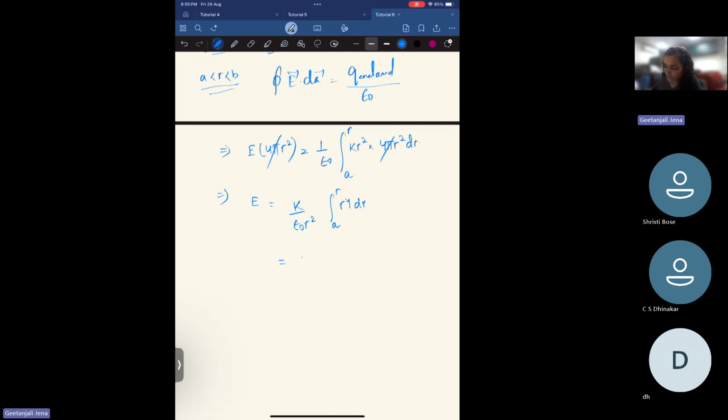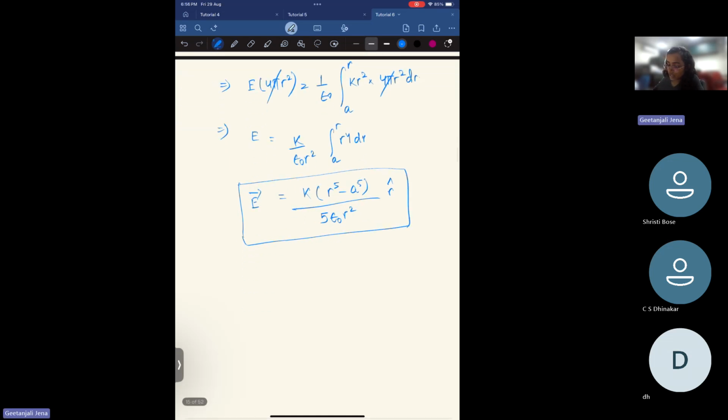So this is nothing but k times r to power 5 minus a to power 5, over 5 epsilon naught r square, and the direction is in the direction of the radial vector.